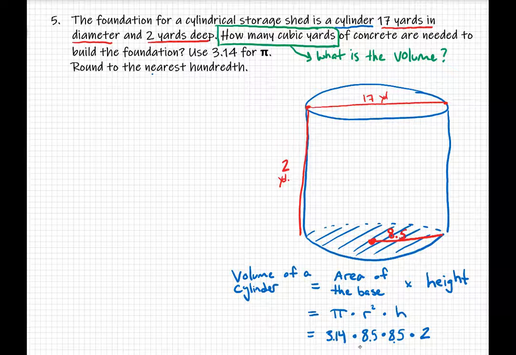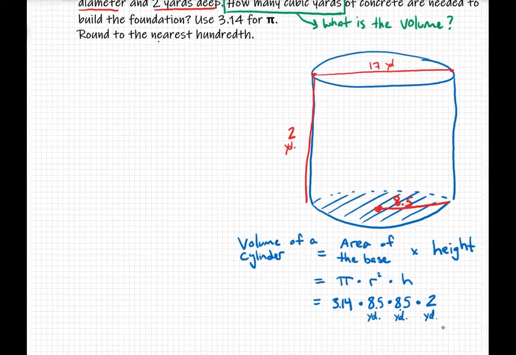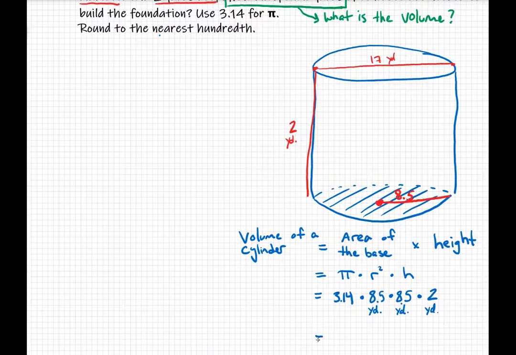Now, 8.5 yards, another 8.5 yards, and 2 yards. So we have yards times yards times yards. That's why we're going to have cubic yards. That's our units for volume.